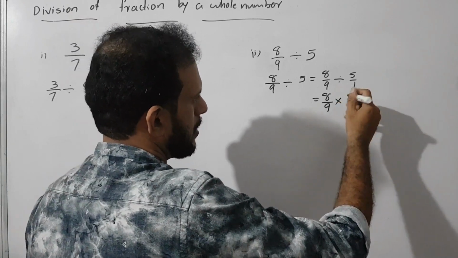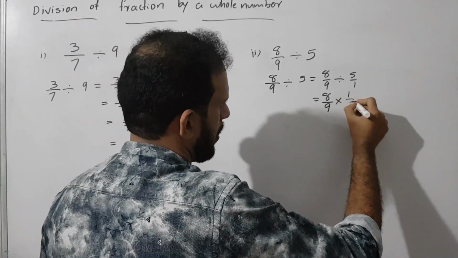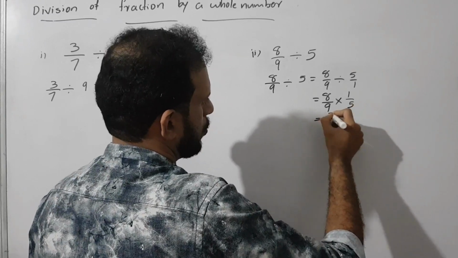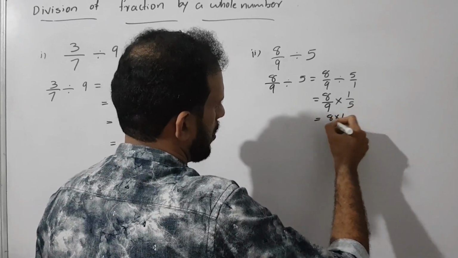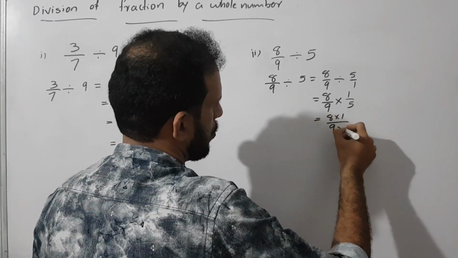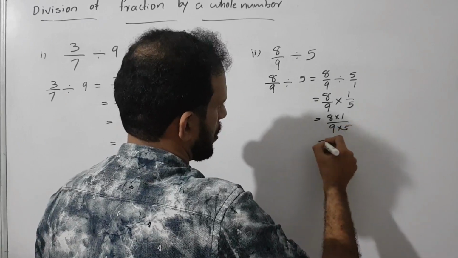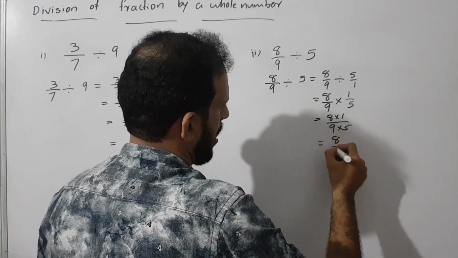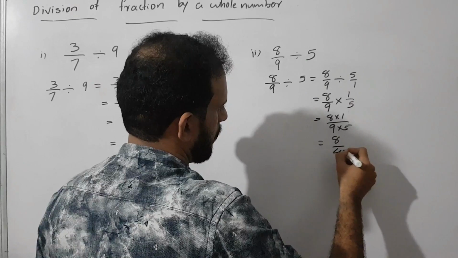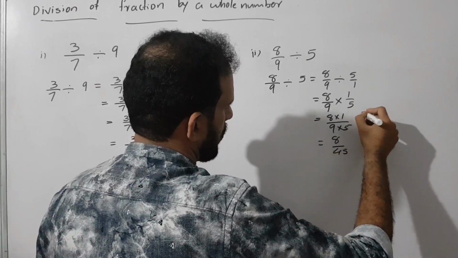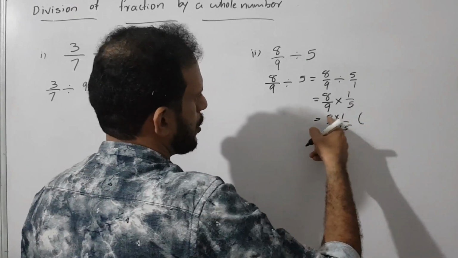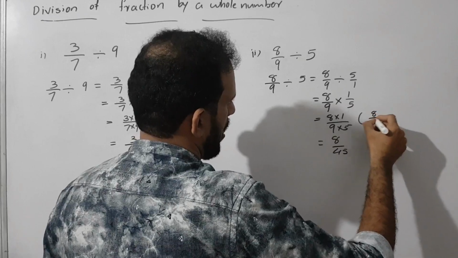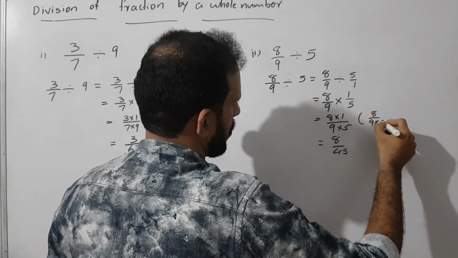What is the reciprocal of the second? That is 1 by 5. It is equal to 8 into 1 by 9 into 5, which is 8 by 45. So I simply write one step here in the bracket: 8 into 1, 8 by 9 into 5.